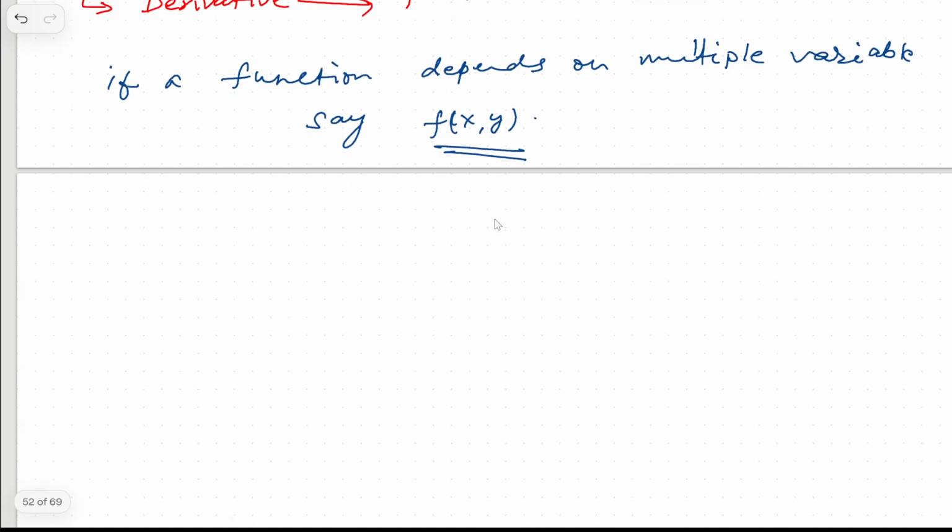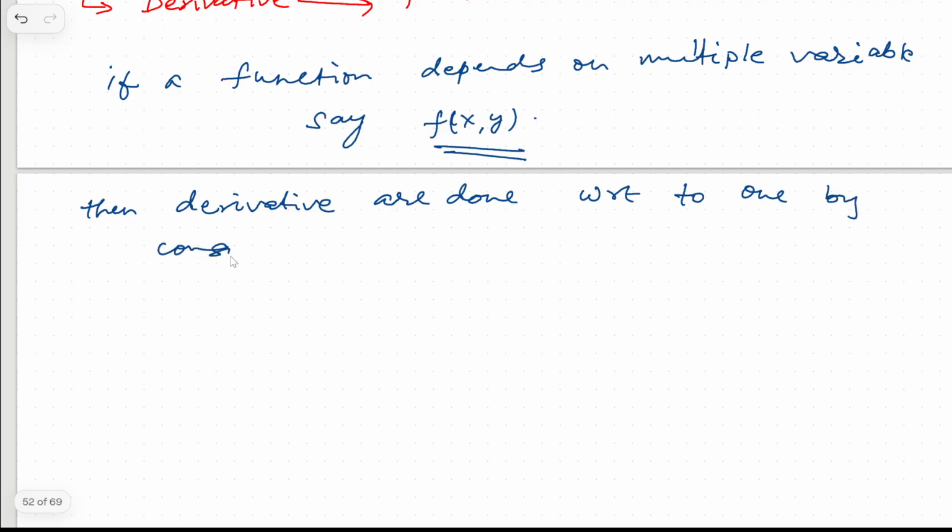Then we say that derivatives are done with respect to one variable at a time, considering the other variables as constants.